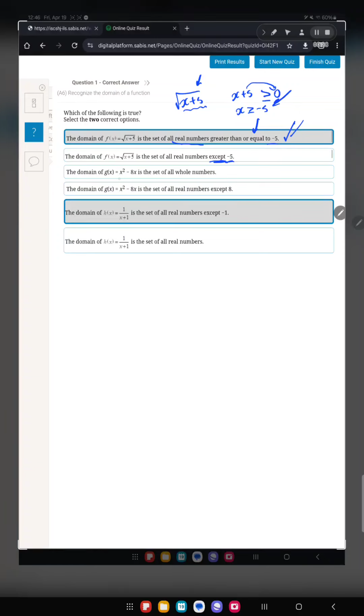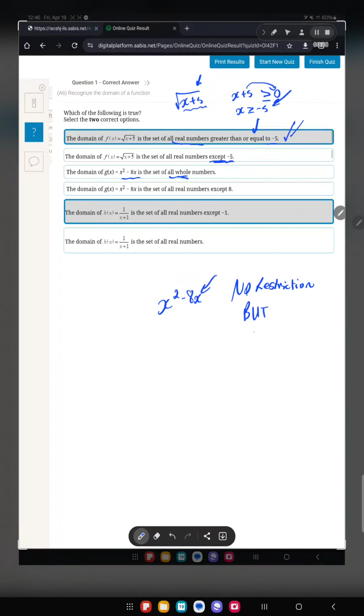The domain of g of x equals x squared minus 8x is the set of all whole numbers? No. X squared minus 8x has no restriction, right? But it doesn't mean all whole numbers. The domain of it is all real numbers, R. We call it R because it's all real numbers, not only whole numbers.